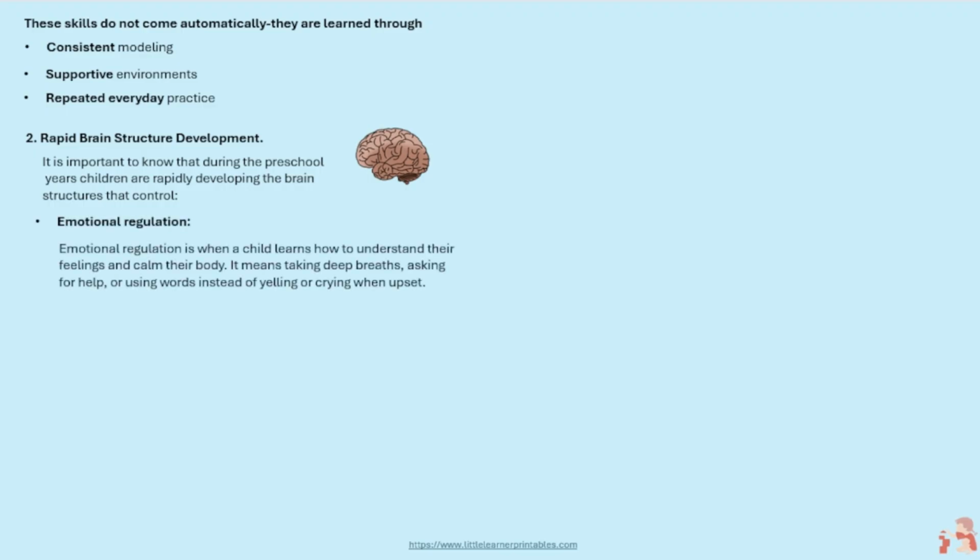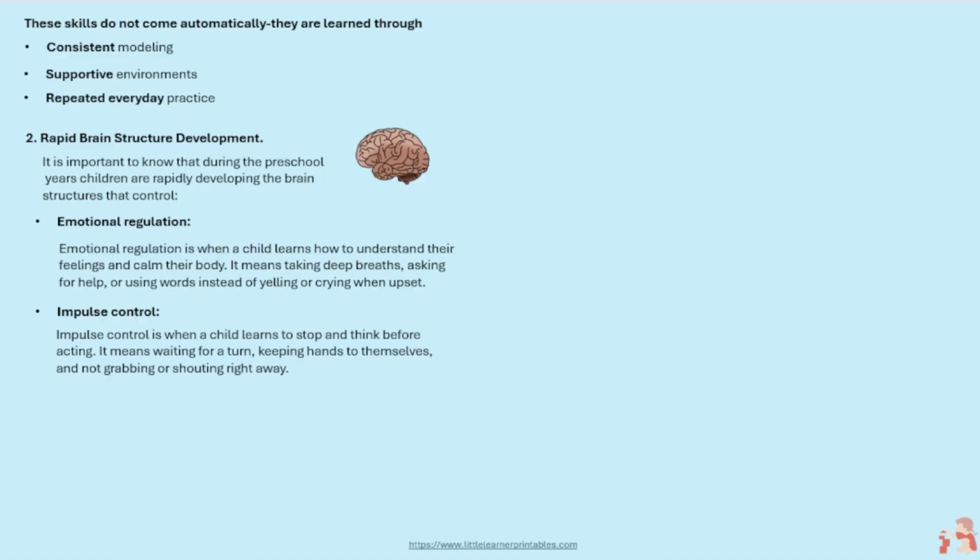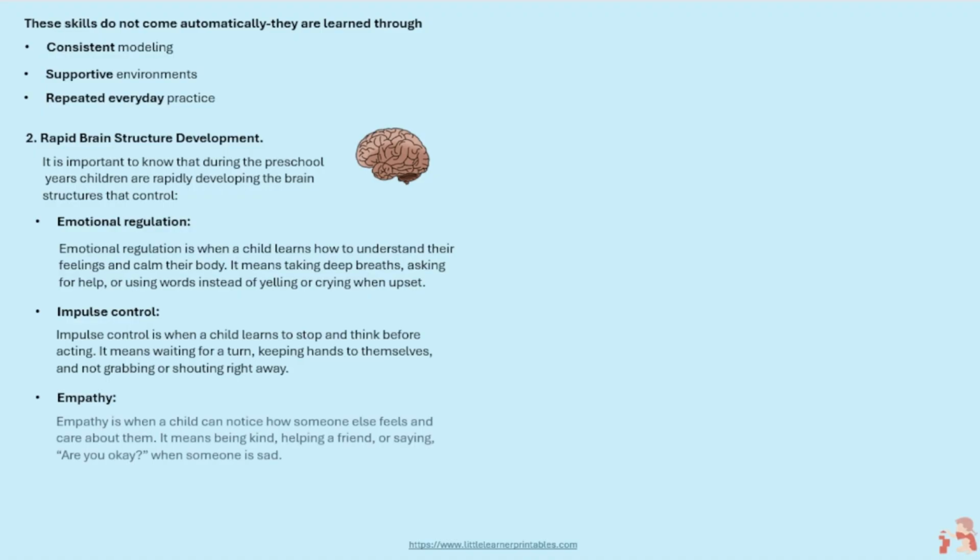Emotional regulation is when a child learns how to understand their feelings and is able to calm their body. It means taking deep breaths, asking for help, or using words instead of yelling or crying when upset. Impulse control is when a child learns to stop and think before acting. It means waiting for a turn, keeping hands to themselves, and not grabbing or shouting right away. Empathy is when a child can notice how someone else feels and care about them.